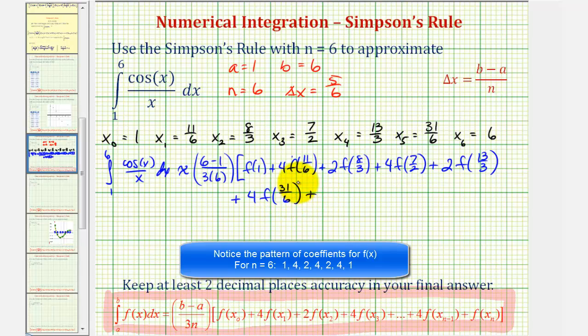And then we end with just f of x sub 6, so f of 6.